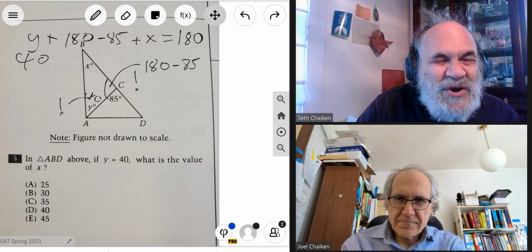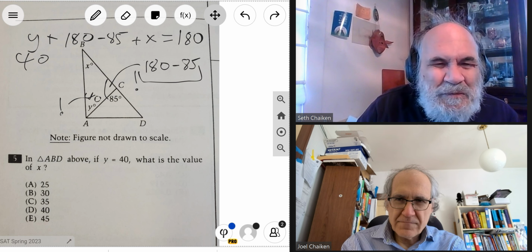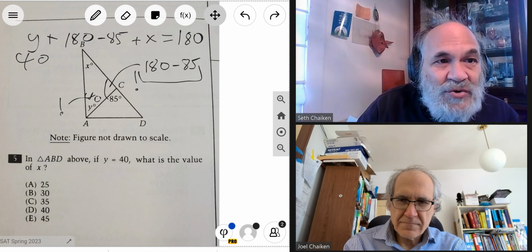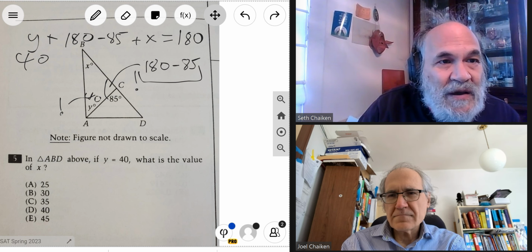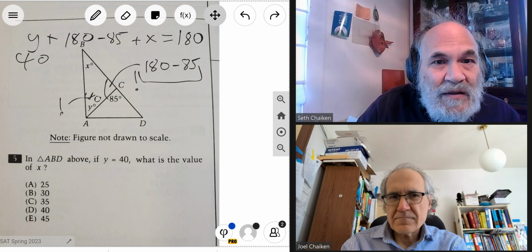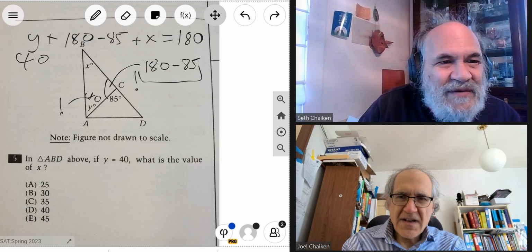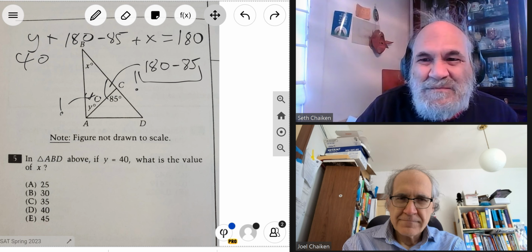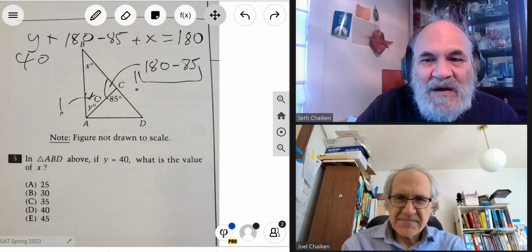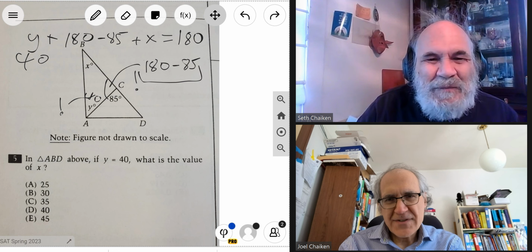We could do the arithmetic here, but now that I actually wrote... come on, I want to scribble. Now that I, it froze a little. Sometimes Zyboard freezes.